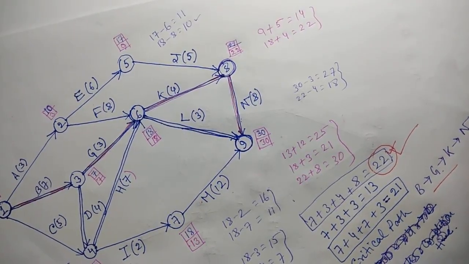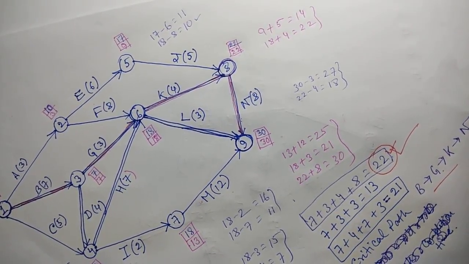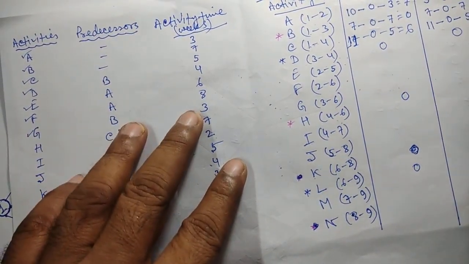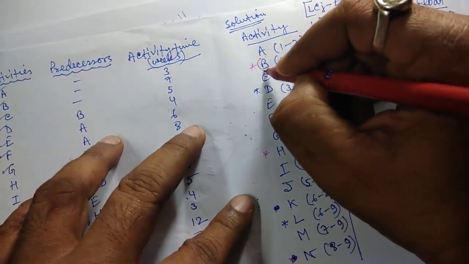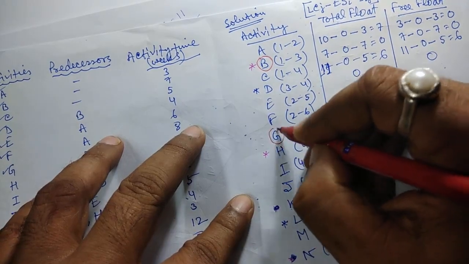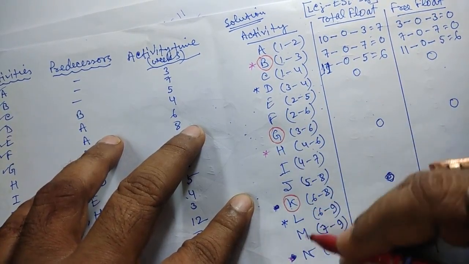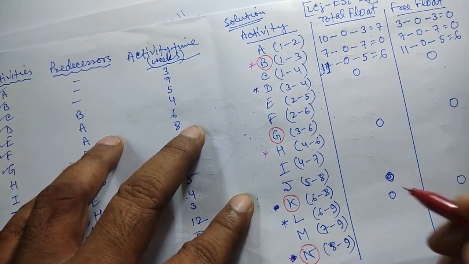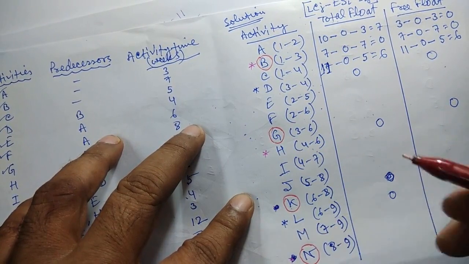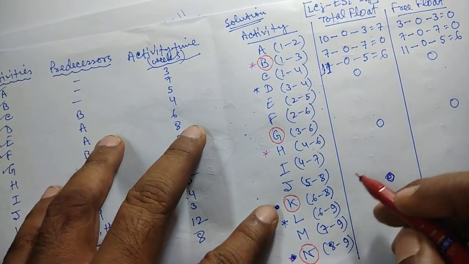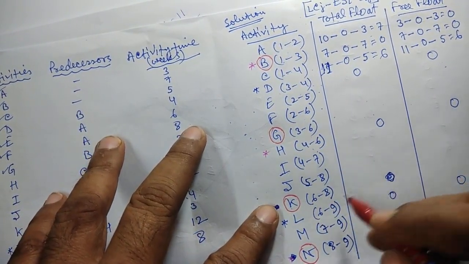Here, you see, our critical activities are B, G, K, and N. So for these activities B, G, K, N, total float will be 0.